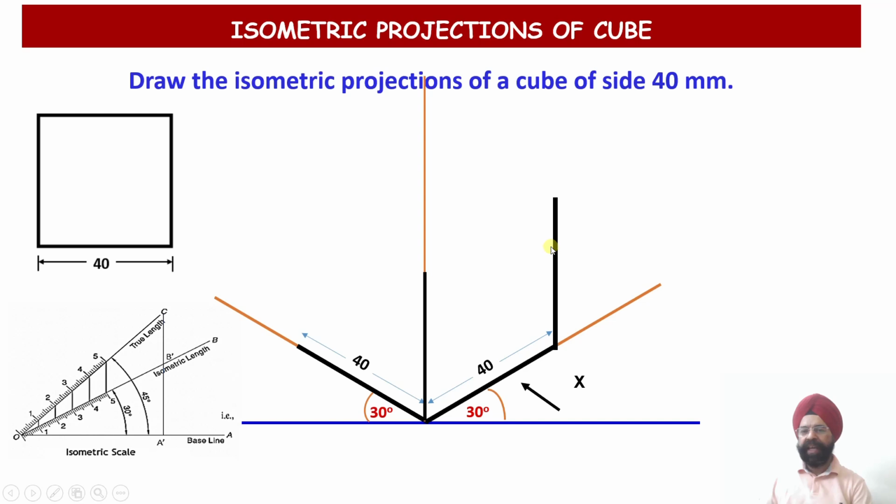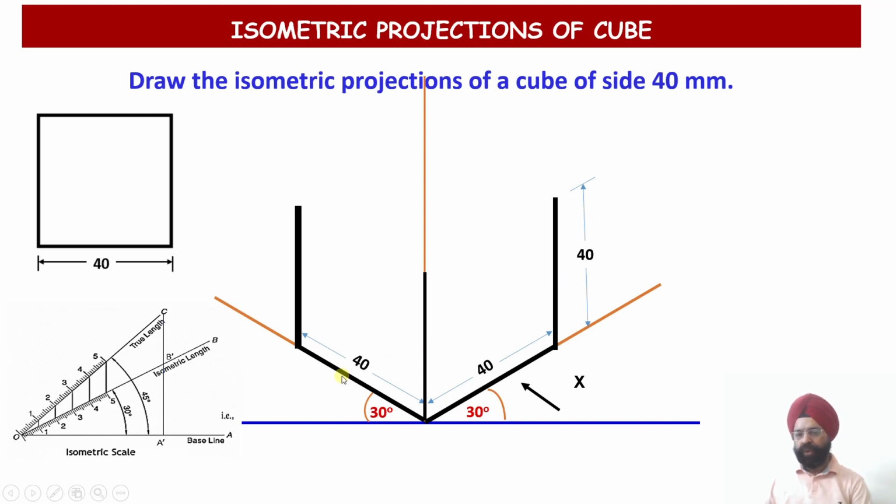This is my isometric line corresponding to another edge, parallel to the isometric axis. So these three edges, edge 1, vertical edge 2 and vertical edge 3, will be visible to us in the front view, right? In the front view, we will be able to see all these three vertical edges.